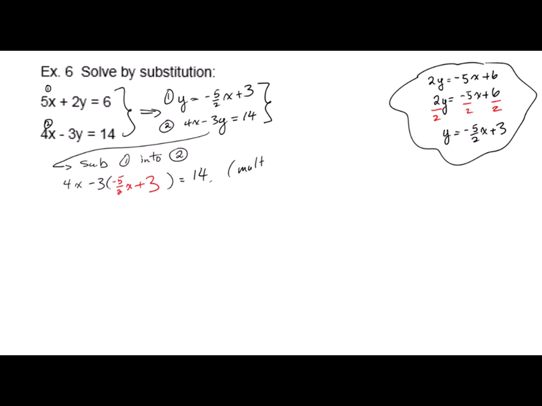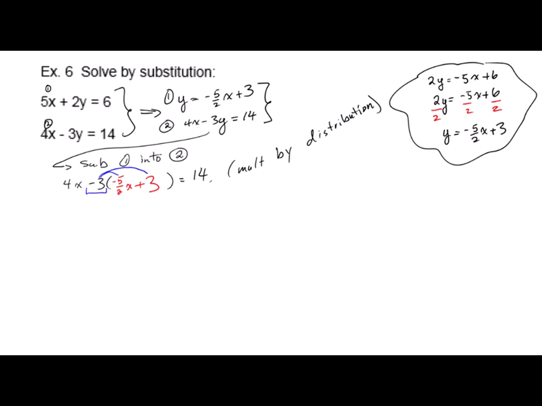And now we're going to multiply by distribution the negative 3 that's sitting in front of that bracket. So let me just quickly highlight that. And then we're going to apply it to both of the numbers in that bracket.